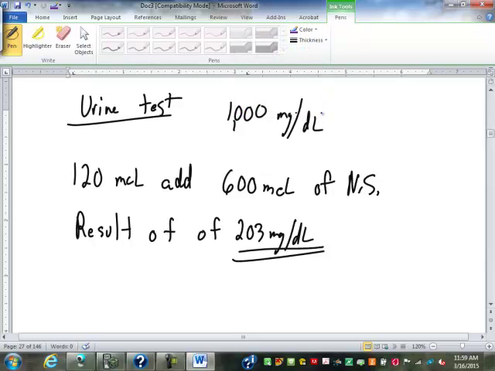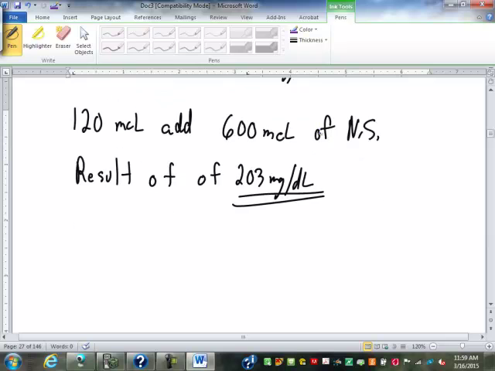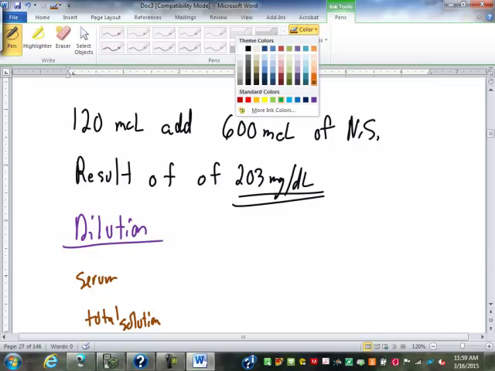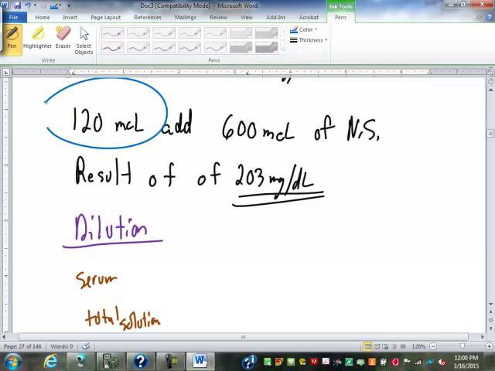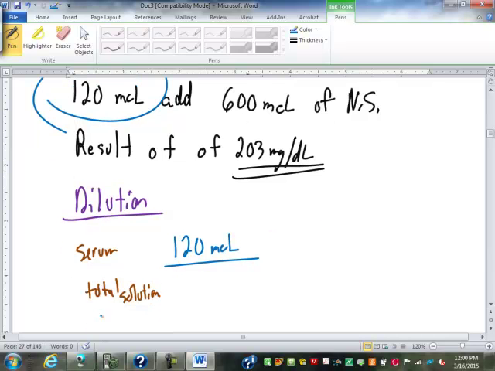Well, the first step in interpreting what that actual result should be is to find the dilution. Remember, the dilution is, once again, the amount of serum, in this case the urine, to total solution. We have the amount of urine, 120 microliters. The total solution is not the 600 microliters.